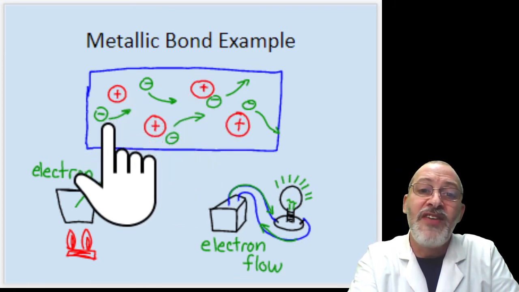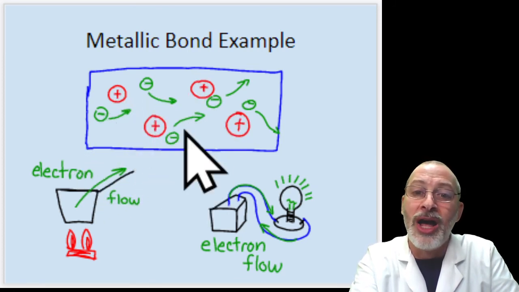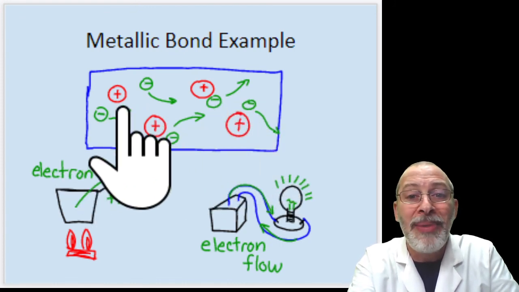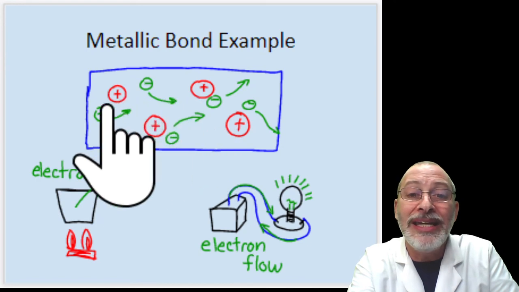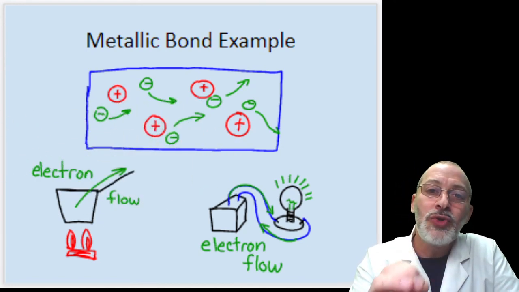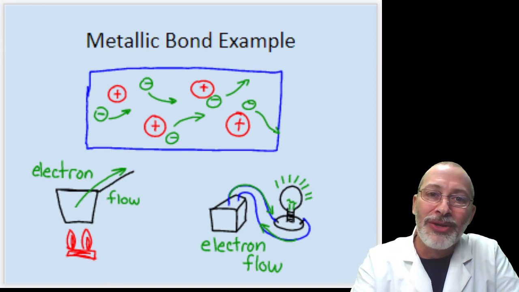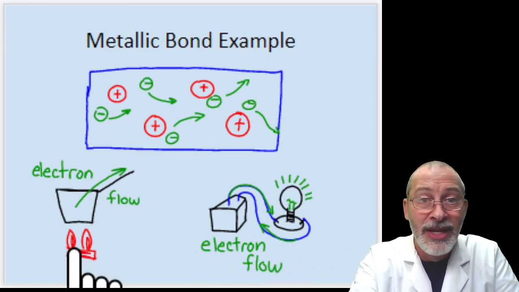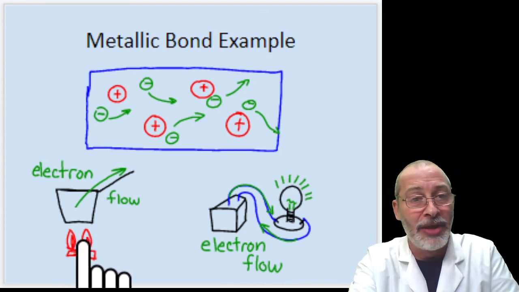And we've got the valence electrons, which are free to swim back and forth between the various atoms. That is what enables metals to be good conductors of heat. By the way, that's supposed to be a flame there.